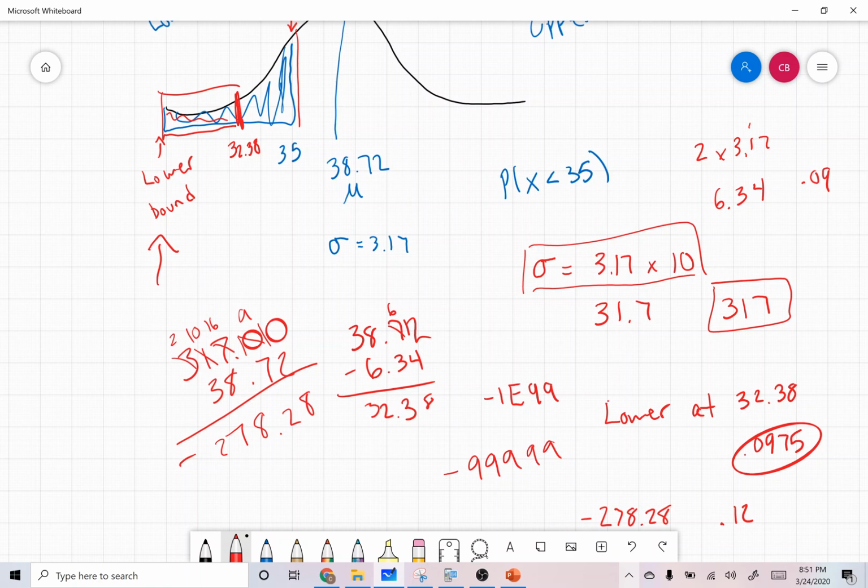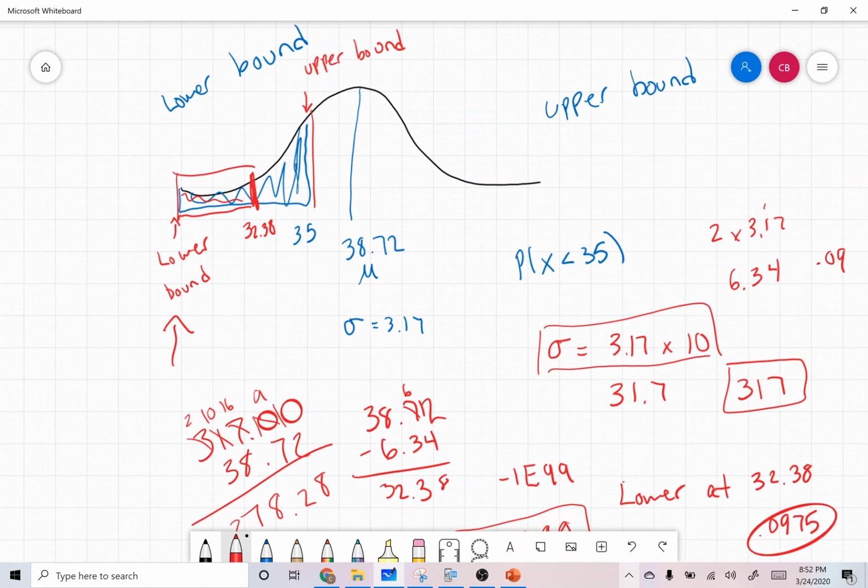So you do have to be mindful of that when you're using negative numbers. But for the most part, if you just use the 10 times rule and subtract it from the mean, you'll have a lower bound that works.